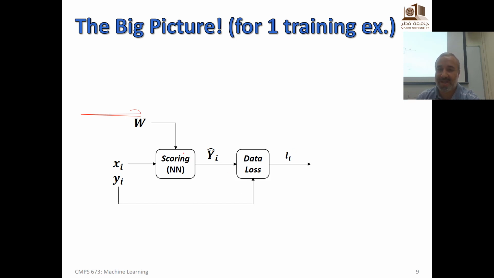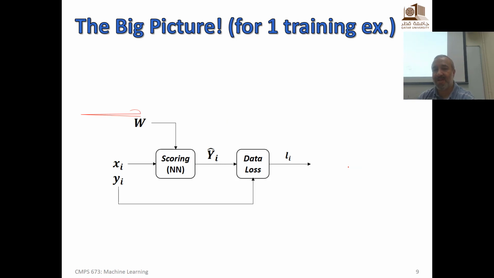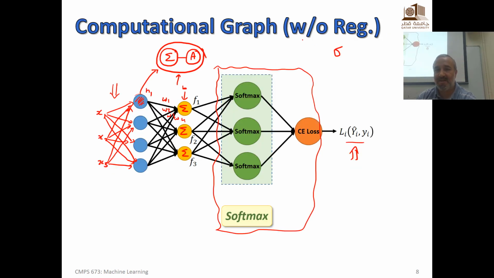We compute the loss for that example. Then, in parallel, we can also compute the regularization, and then we add them together. Now this is the actual loss function. This is the loss function that we need to use in backpropagation. Okay, so what we saw in the previous slide was without regularization.